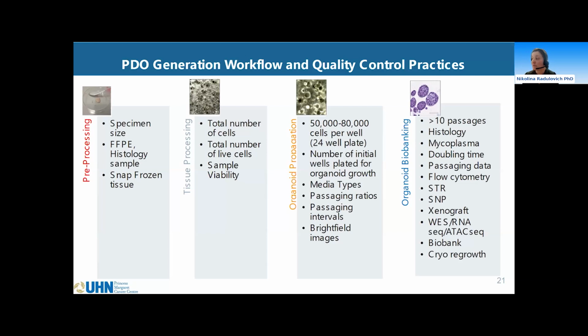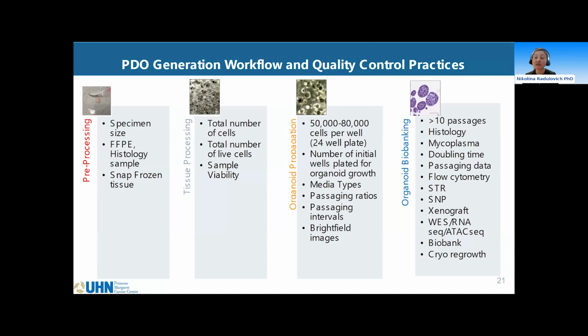Also, if we're starting with xenografts, and we do make a lot of organoids from our PDX library, one of the issues is that in some cases we can have mouse outgrowth. So, instead of growing human tumors, the mouse tissues will start to overgrow.